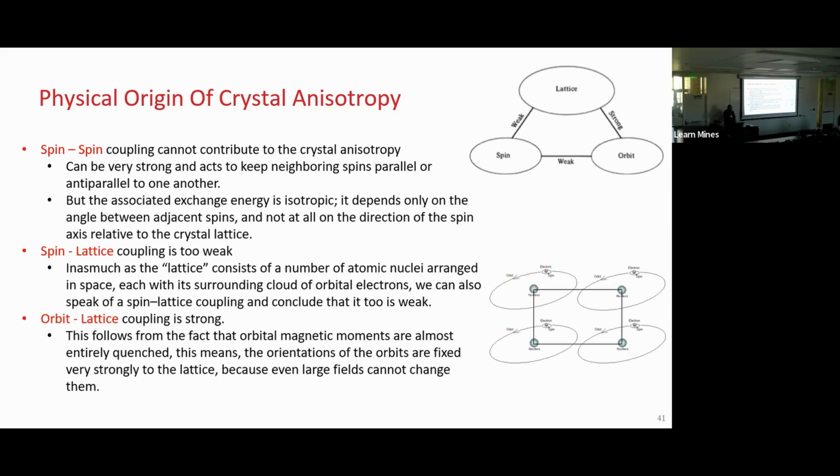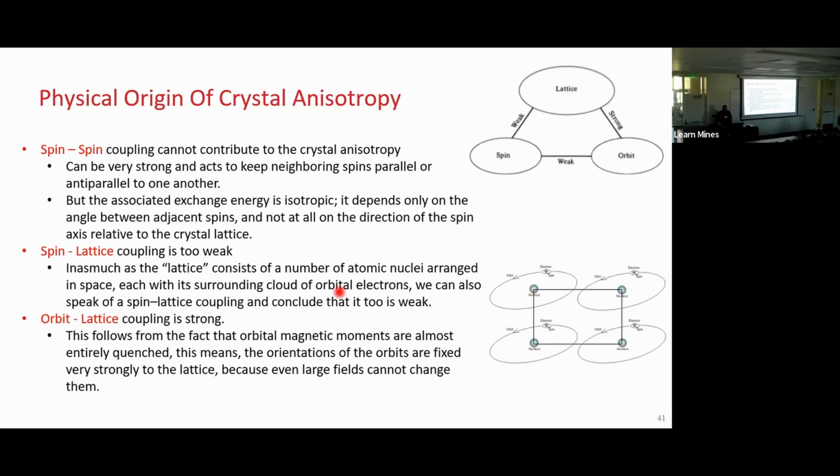All those things decide how willing we are to change the spin orientation, and the spin orientation decides our magnetization direction. So first, spin and spin, this one and that one, their coupling is actually very weak. It will not contribute to crystalline anisotropy. Think about it, whatever I'm spinning here has nothing to do with what you are spinning there. They are not really coupled together.